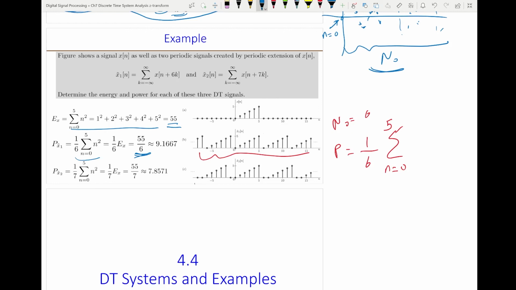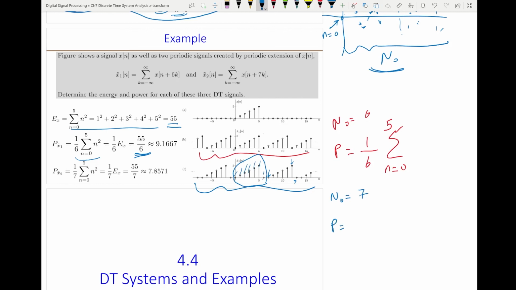How about this signal? Well, this looks periodic and it repeats itself for these samples. It starts at 0 all the way to 5, then goes back to 0. So here the fundamental period is 1, 2, 3, 4, 5, 6, 7 samples.